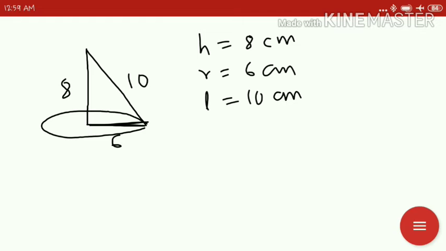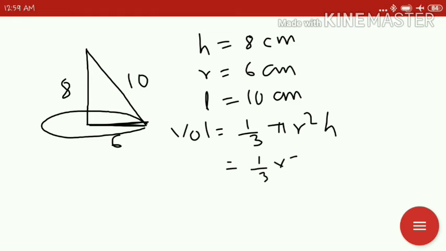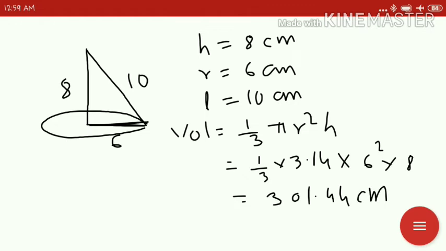Now you need to find out the volume, so apply the formula: volume equals 1/3 pi r square h, but here you have to put the value of pi as 3.14. If you put the value of pi as 3.14 and h is 8, the answer will be 301.44 centimeter cube.